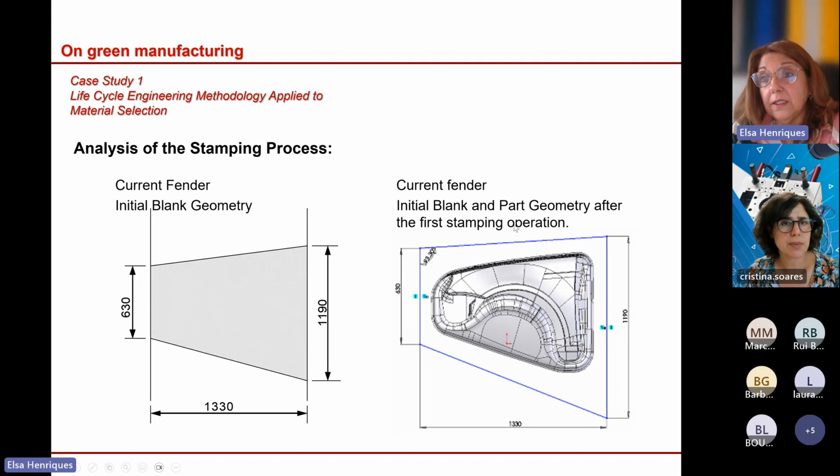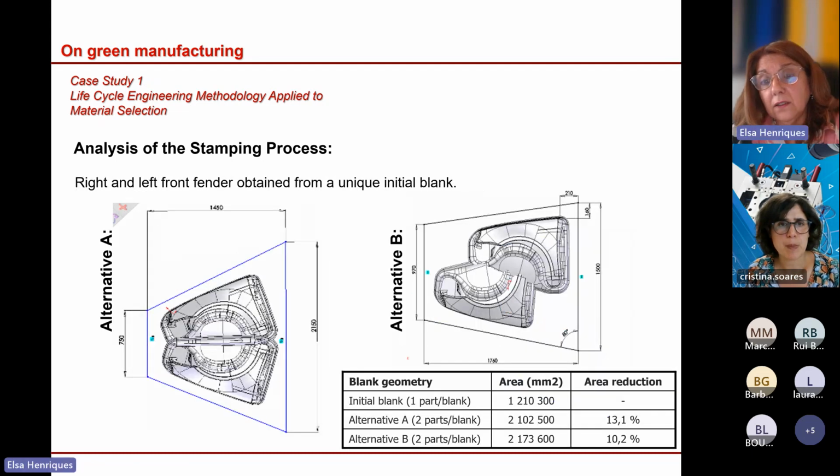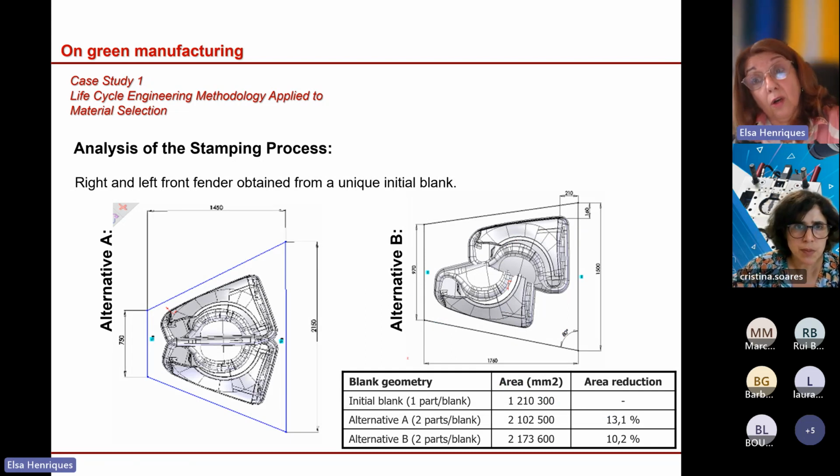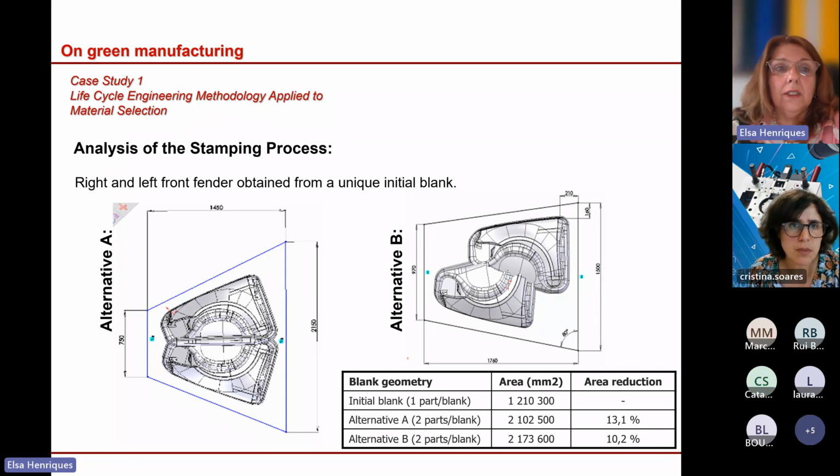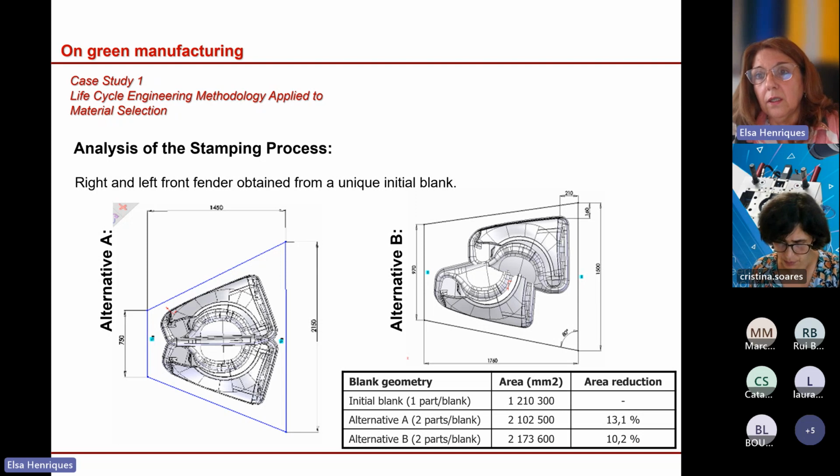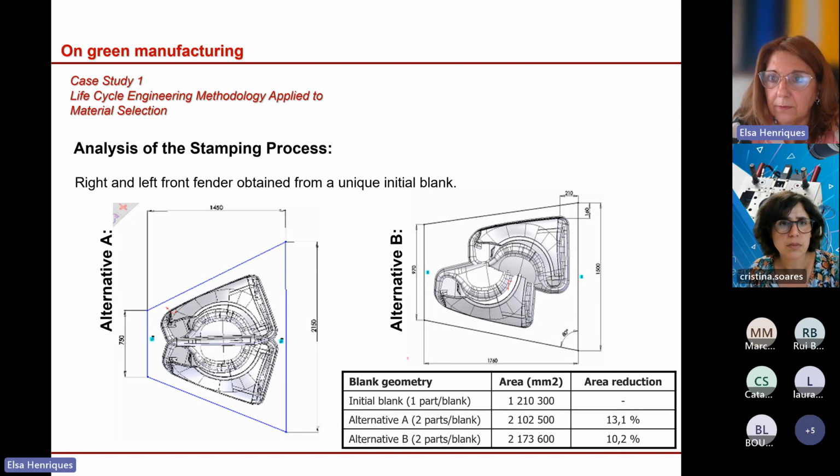Don't forget that the stamping process has 6 steps, 6 stamping stations, I would say. And what you consider is that it's possible, with a more complex tool for sure, to have in the same blanking both fenders, the right and the left fenders.